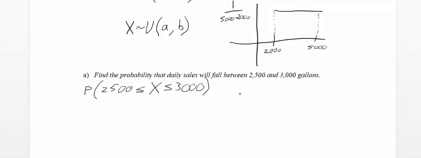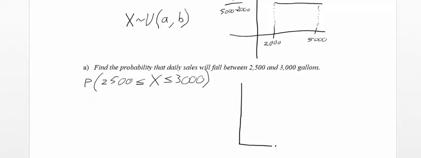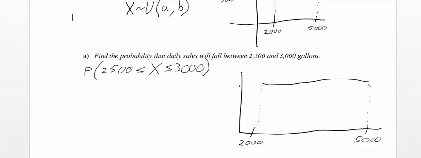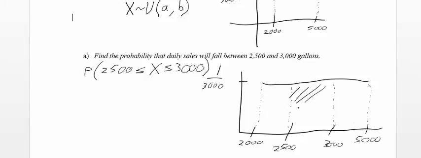I'm going to re-sketch this picture down here just so I can see what I'm calculating. Okay, and the height is at 1 over b minus a, or 1 over 3,000. So I want the probability, or the area under this curve, right? Areas under curves are probabilities between 2,500 and 3,000. So I need to calculate this area.